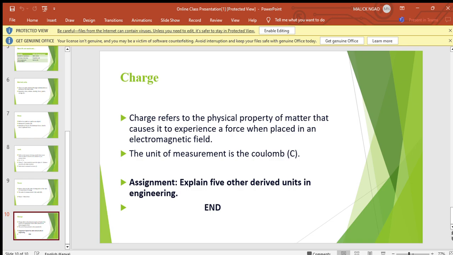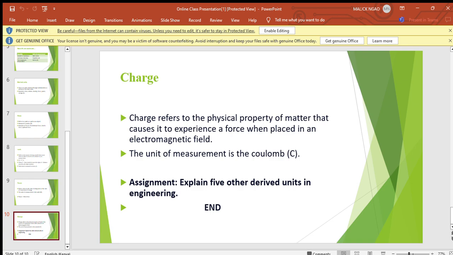Charge, how do we define charge? Maybe another trainee to assist Joseph. Very correct. Thank you for that response.